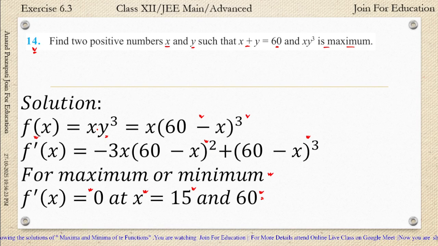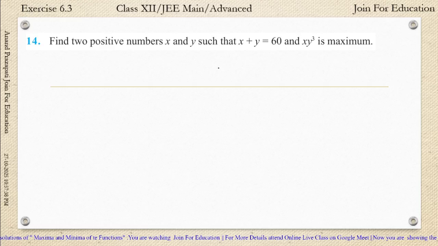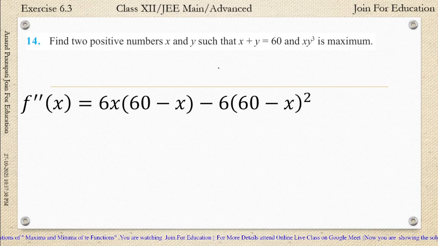Is there any problem understanding up to this step? So the second derivative of the function here will be 6x into (60 minus x) minus 6 into (60 minus x) to the power 2.